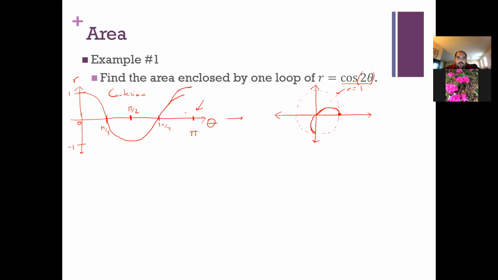Okay, so my next 0 crossing is going to be at 3 pi over 4. So I'll draw that angle in. And even though that's the heading for 3 pi over 4, I'm still negative, so I need to be in the opposite quadrant, which would be quadrant 4. So the graph's going to continue like this.